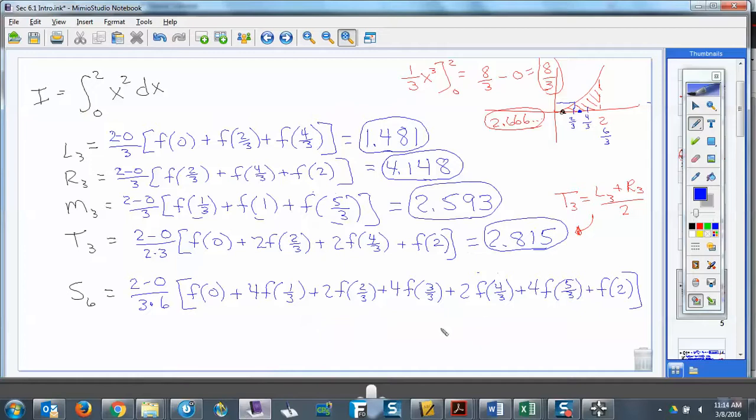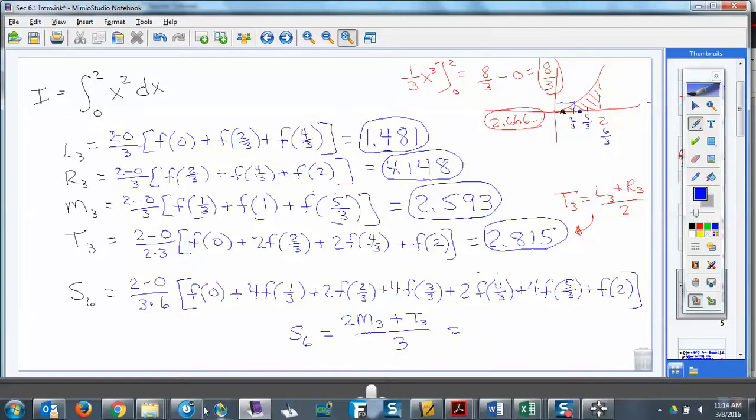Okay? All right. Now on our calculator, we can go do that, but I'm going to save the time real quick because the other option we had to do an S6 is what? 2 M3s plus T3 divided by 3. That was our other formula for an S6.